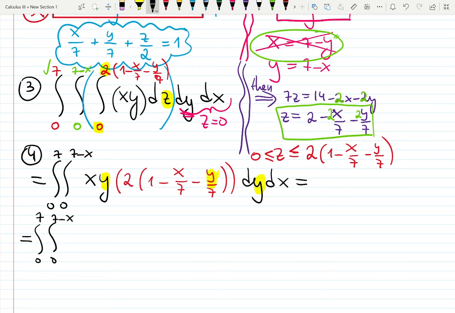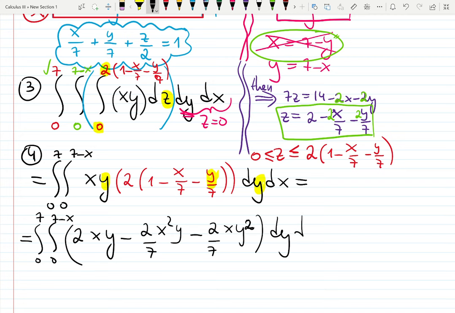So we have 2xy minus 2x squared y over 7 minus 2xy squared over 7. I think I did it correctly. Parentheses dy dx. Wow, such a nice example.